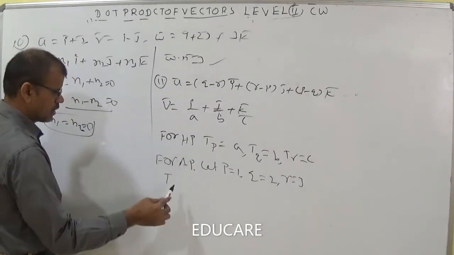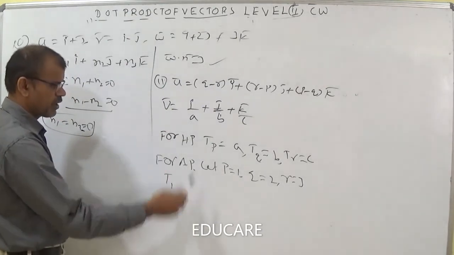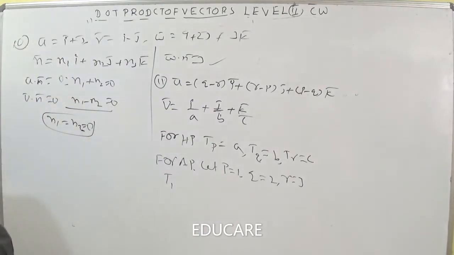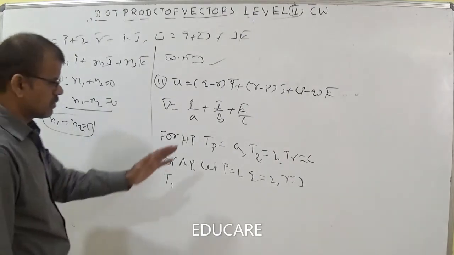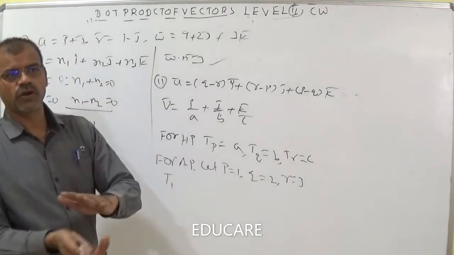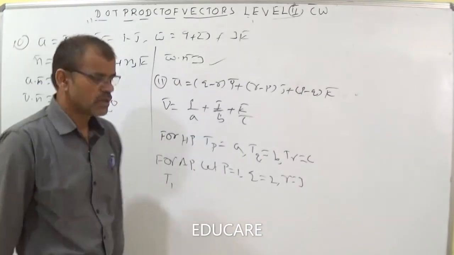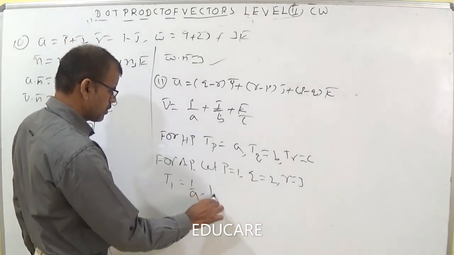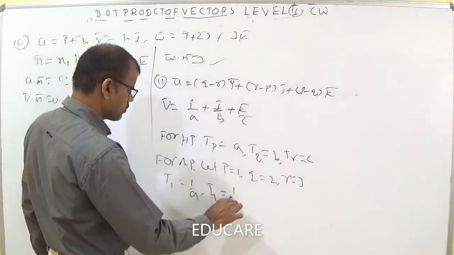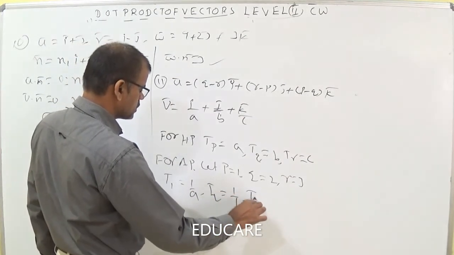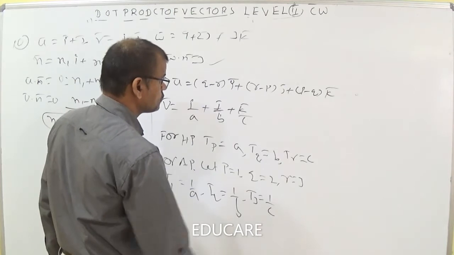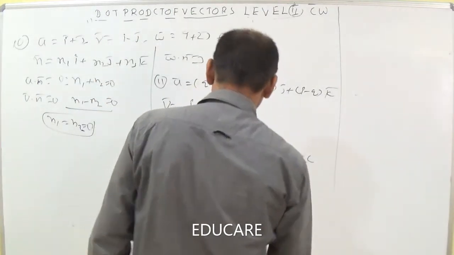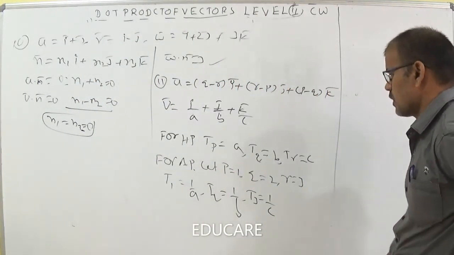For a harmonic progression, when calculating the arithmetic progression, the values become reciprocals. So T1 is equal to 1 by A, T2 is equal to 1 by B, T3 is equal to 1 by C. T1, T2, T3 are written here.